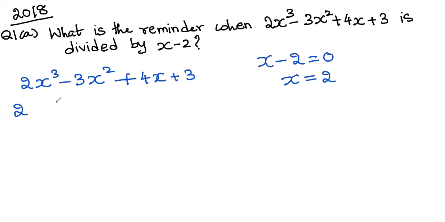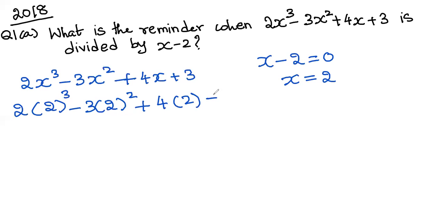So in place of x, we have to substitute 2. So it is 2 times 2 cubed minus 3 times 2 squared plus 4 times 2 plus 3.